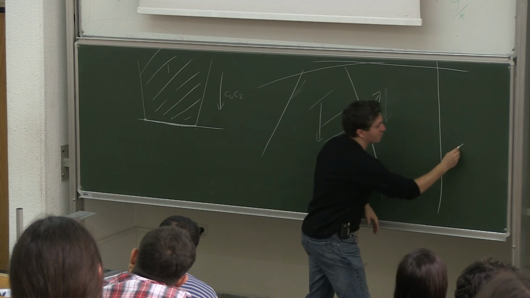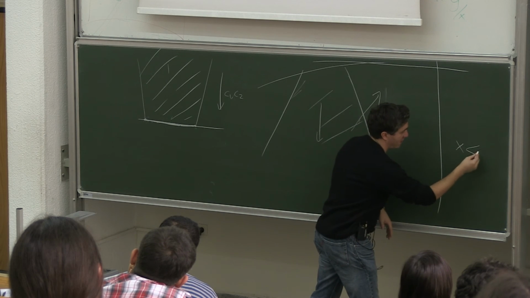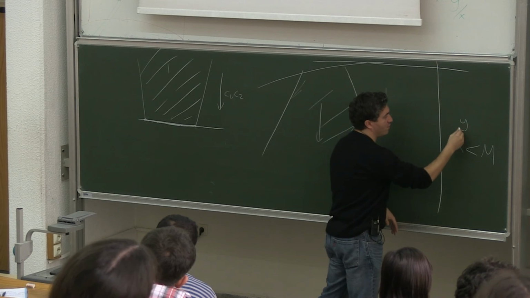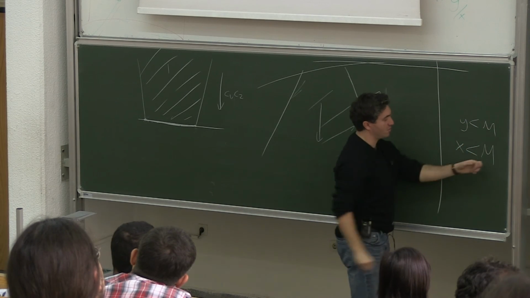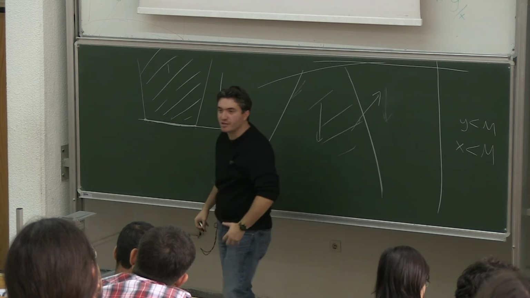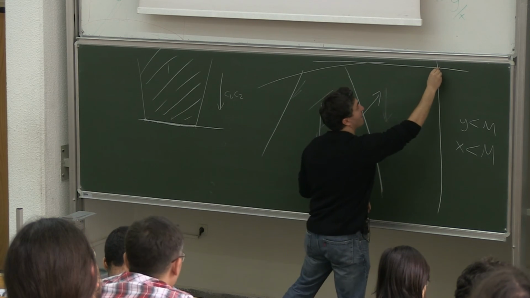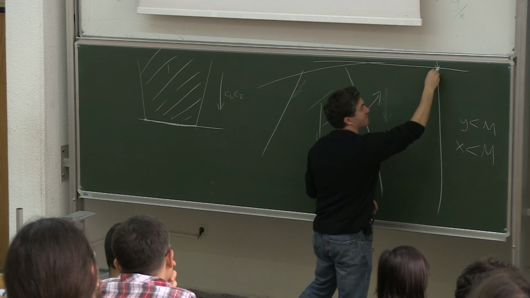So we are going to add these constraints: x is smaller than this large number, y is smaller than this large number. So we are going to introduce these large numbers and we are going to bound our solution. So this is going to be our initial vertex.